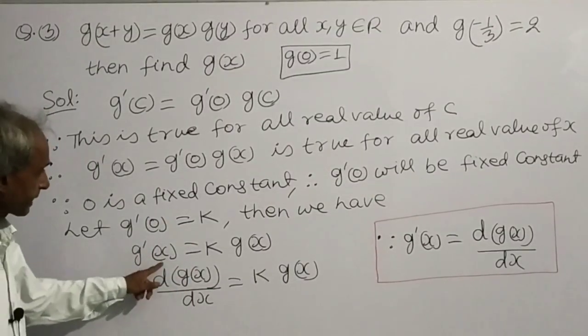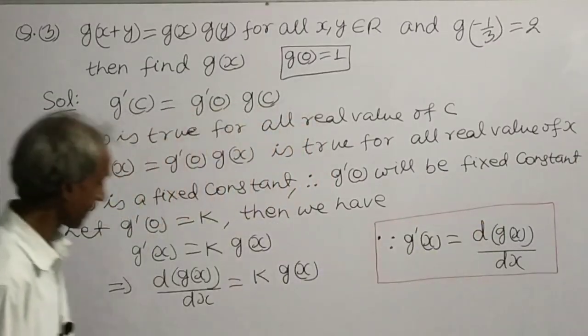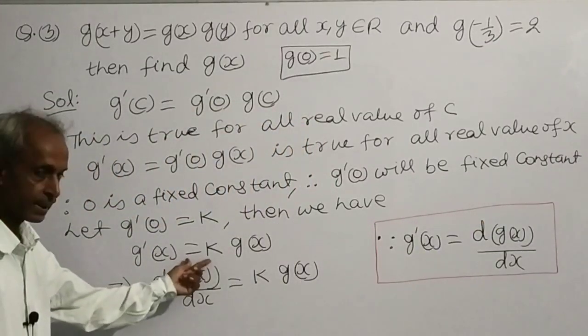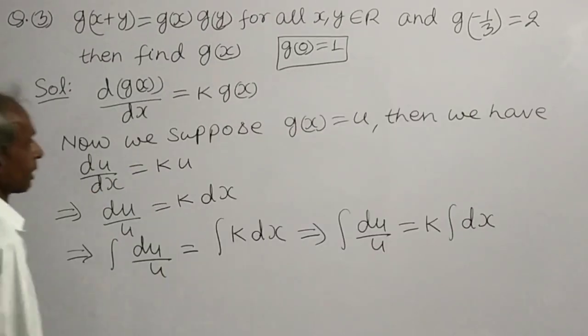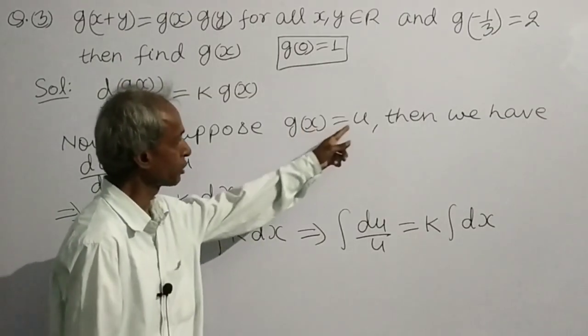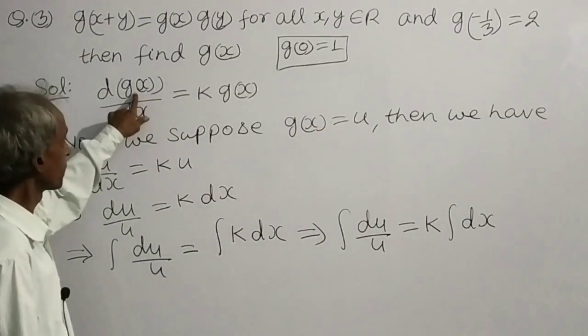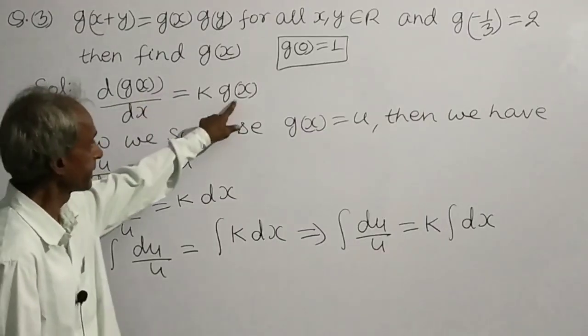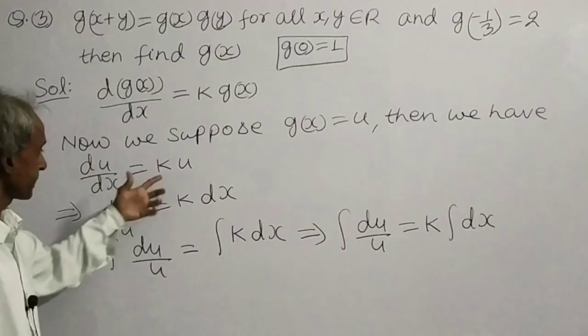Since g'(x) means d g(x) by dx, this can be written as this. If we suppose g(x) is equal to u and we write u in place of g(x) here and here, then we get this.